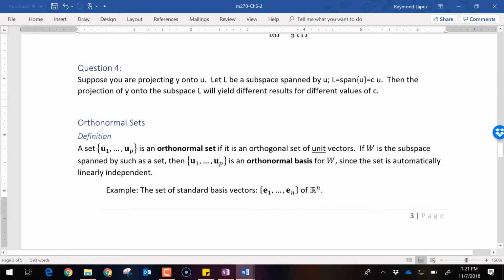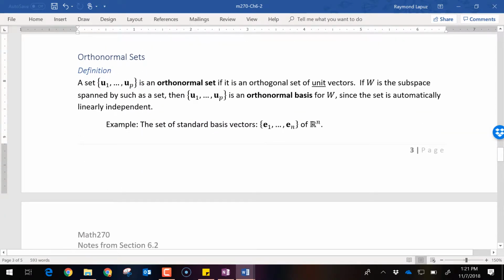So I gave this as an example. And then an orthonormal set, so this is a new definition. An orthonormal set is a set that's perpendicular, and they're also all of unit length. So ortho, perpendicular, normal, unit length. Maybe I should write that down.